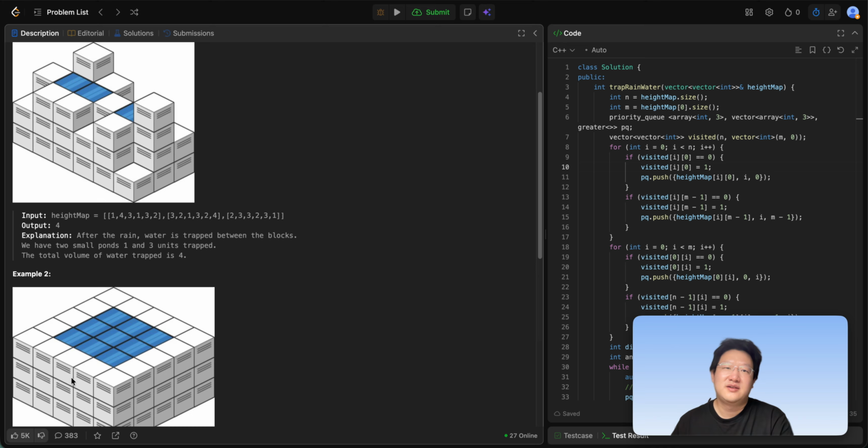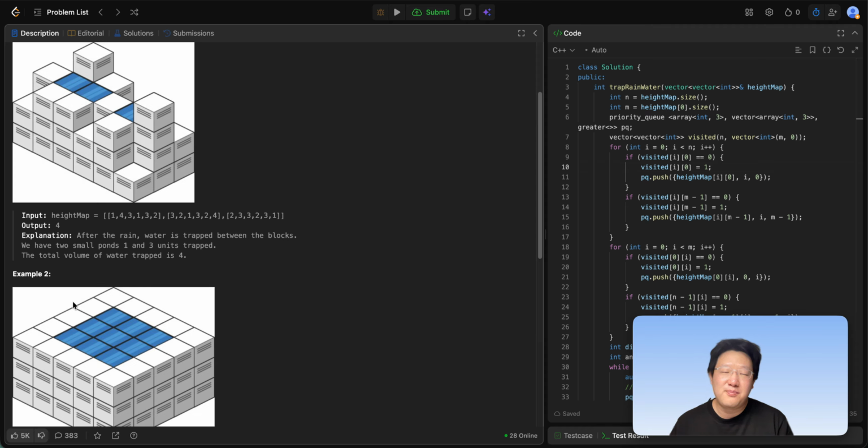Boundary cells never hold water. It flows off the edge. The shortest boundary cell is the weak spot, where water escapes first. Any neighbor can only fill up to its height. So we got the final algorithm.